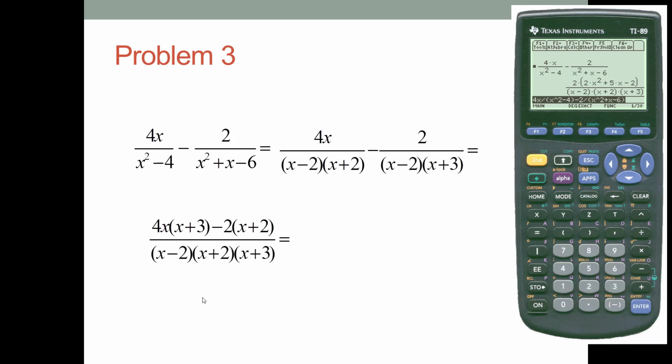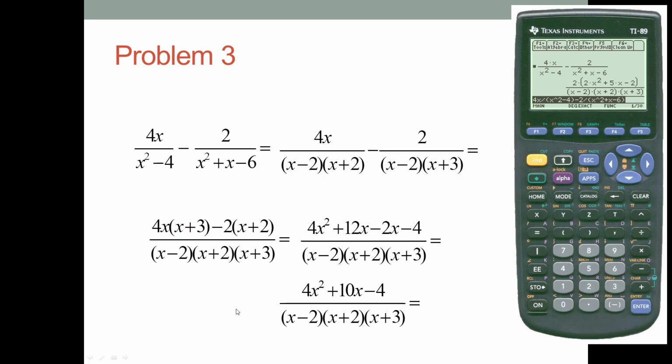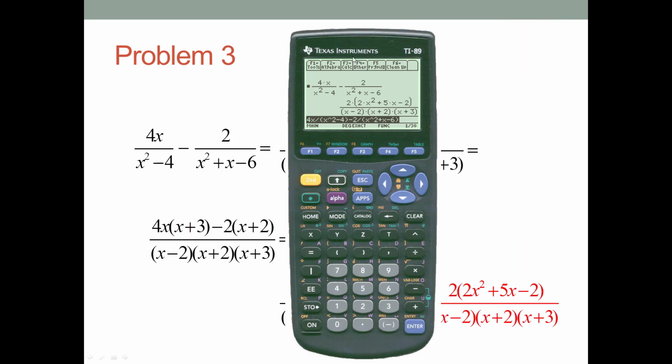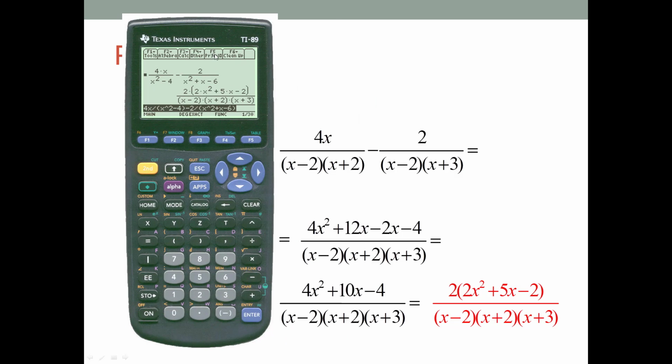If you didn't see that video, you can rewind or pause the video here so you can get a closer look at this, but the focus of this video is on the calculator. The last step here was to factor and combine, and there's the answer: 2 factored out, 2x squared by 5x minus 2. That one checks out.